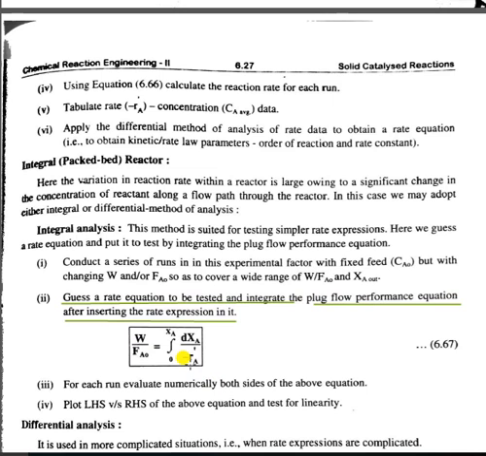And the third point: for each run, evaluate numerically both sides of the above equation, the left hand side as well as the right hand side, using the data of W and concentration.